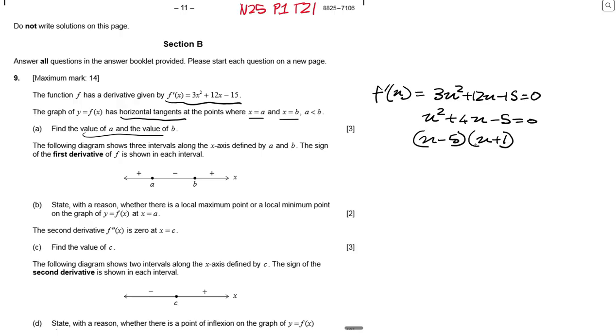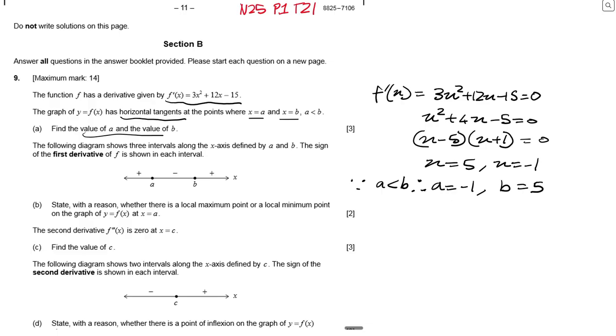That gives us what we need. So x is equal to 1, x is equal to negative 5, and a is less than b. So a is equal to negative 5, b is equal to 1, since a is less than b.